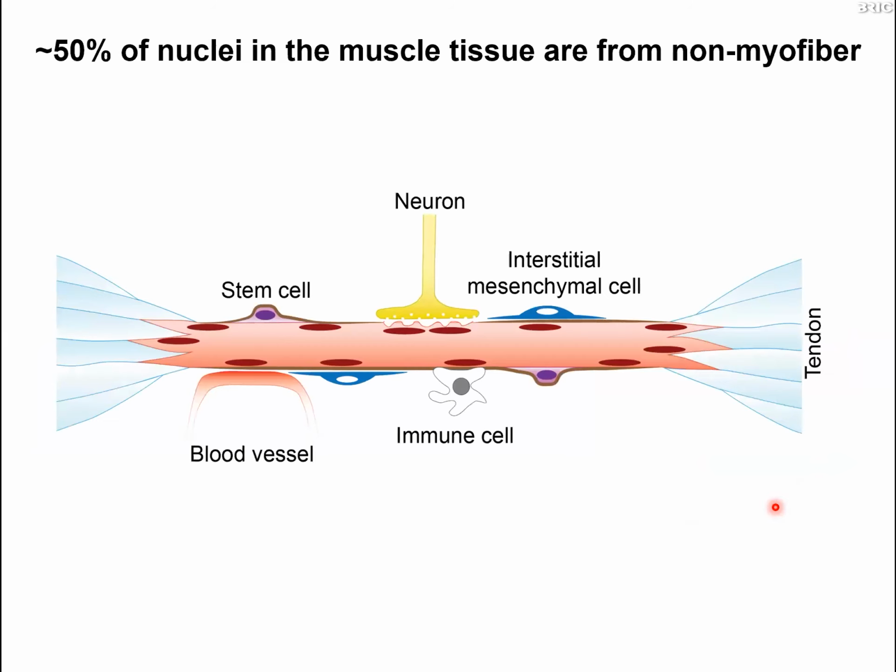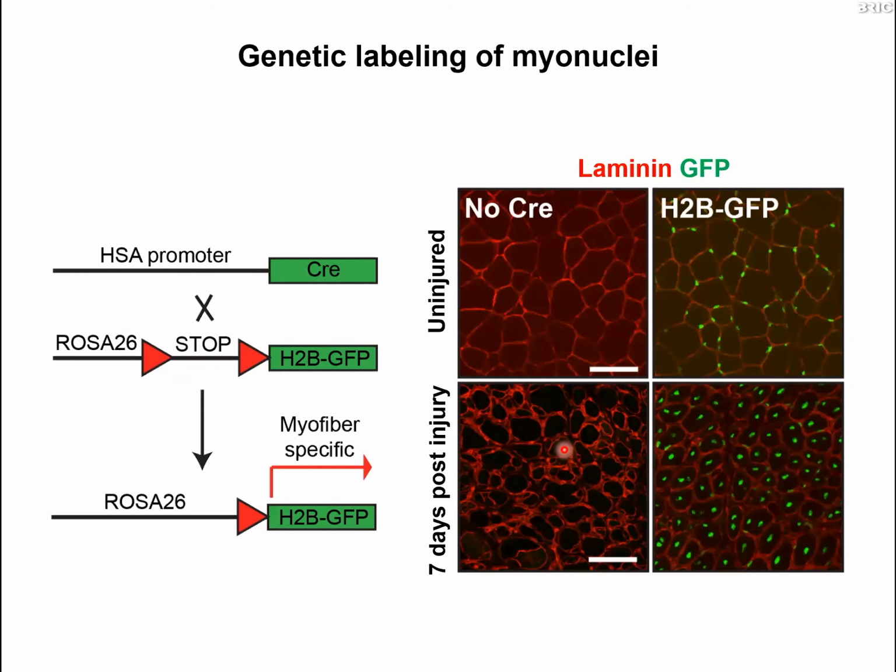As I mentioned earlier, around half of the nuclei in the muscle tissue actually do not come from the multinucleated myofiber, but are derived from diverse mononuclear cells that surround the myofiber. So we started by genetically labeling only muscle nuclei with a histone H2B-GFP reporter.